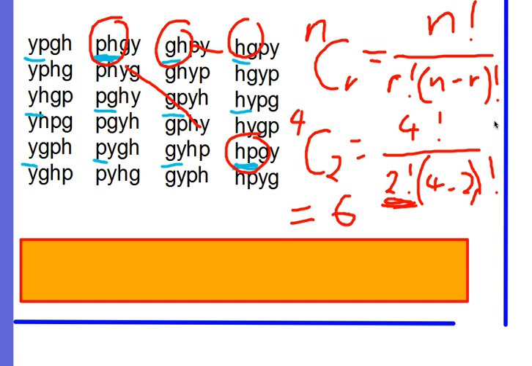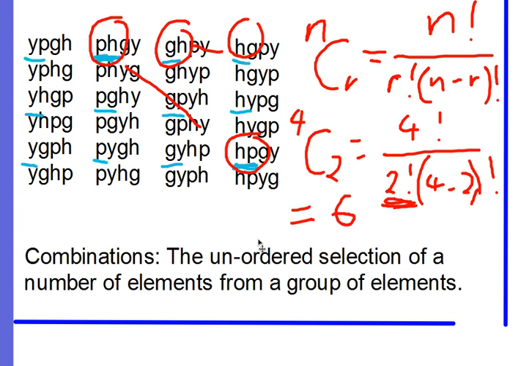Essentially, this is the study of combinations, the unordered selection of a number of elements from a group of elements. This ugly formula here, nCr equals n factorial on r factorial outside of n minus r factorial. We don't have to use it. We have to explore it, we have to see where it comes from, but we don't have to use it.